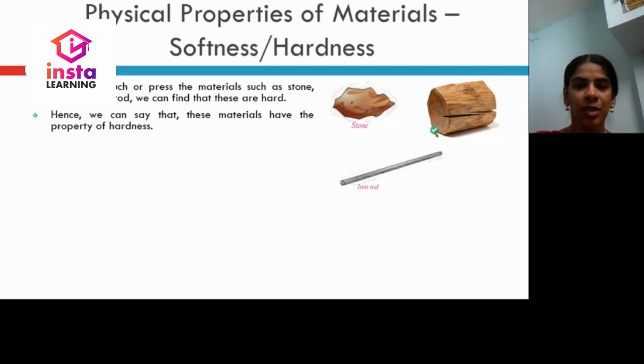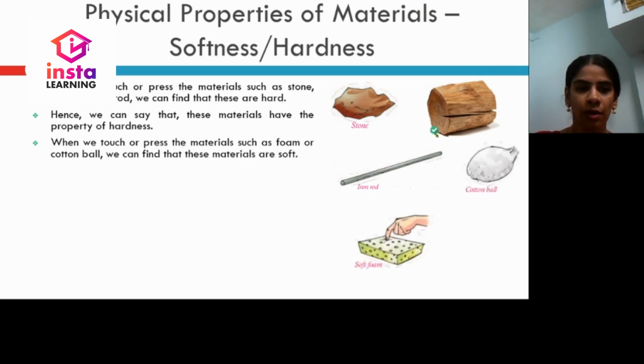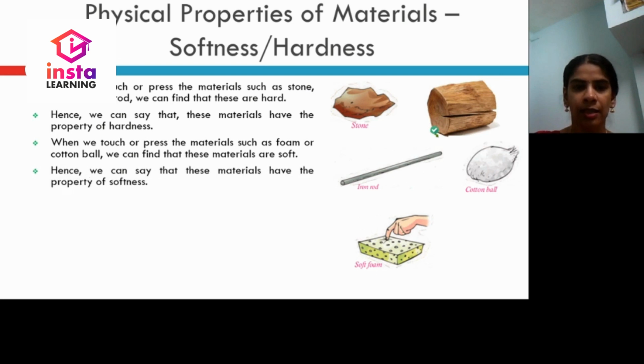Hence, these materials have the property of hardness. When we touch or press materials such as foam or a cotton ball, we can find that these materials are soft. Hence, these materials are said to possess the property of softness.